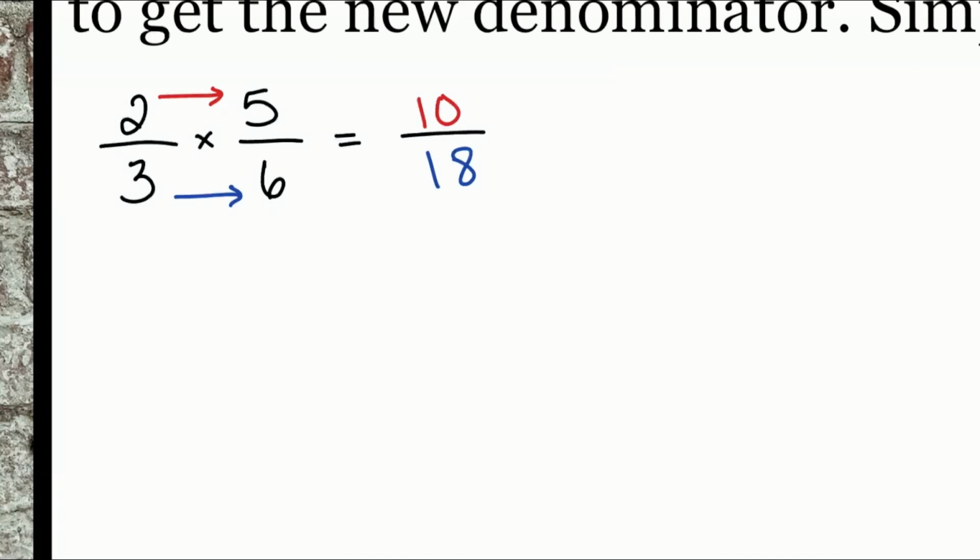So I'll divide them each by 2, because remember, as long as you're doing the same thing, multiplication or division, to the numerator and denominator, you're perfectly fine. So 10 divided by 2 is going to give us 5. 18 divided by 2 gives us 9. And that right there is our final answer, and we're all good.